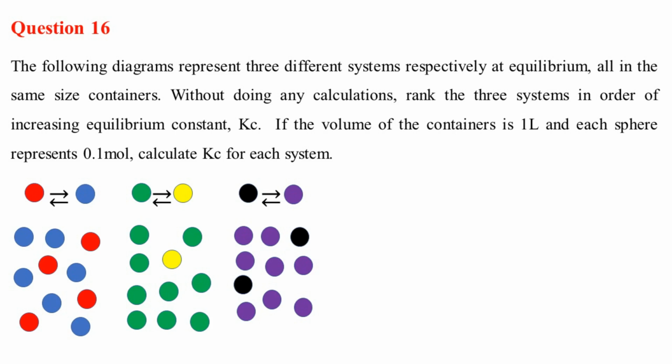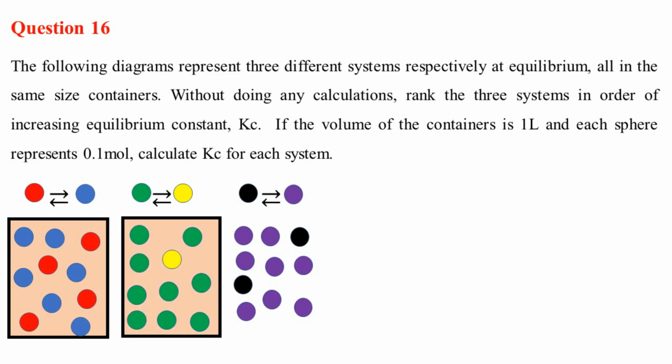If the volume of the container is 1 liter and each sphere represents 0.1 mole, calculate the Kc for each system. So each sphere represents 0.1 mole.